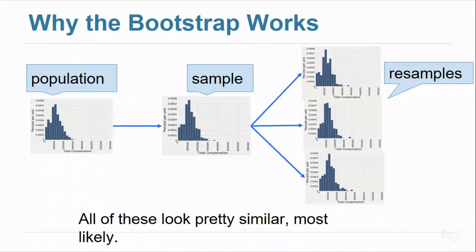So every time we select an observation in our sample, we're going to put it back so that it could be selected again. Some observations will be selected multiple times. Other observations in our sample won't be selected at all. And that's going to give us the variability across the different resamples that we have.